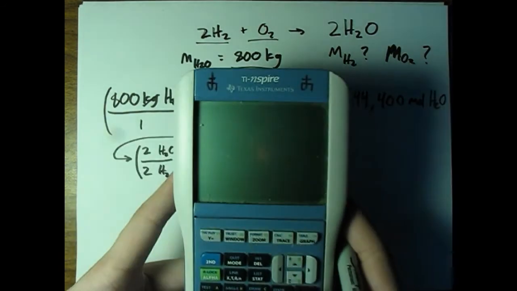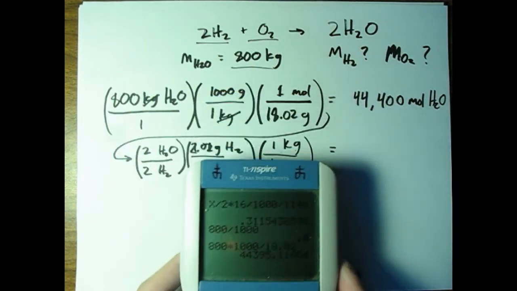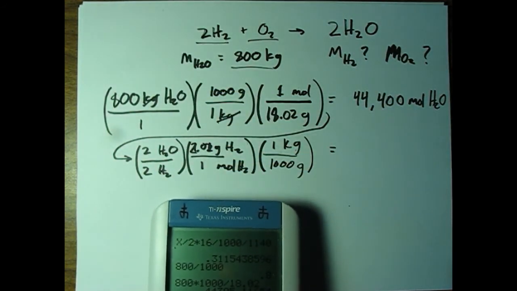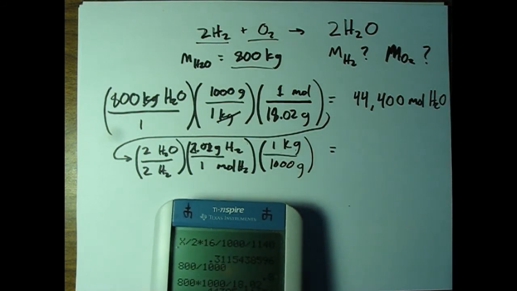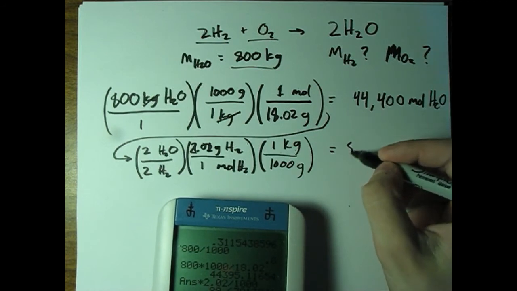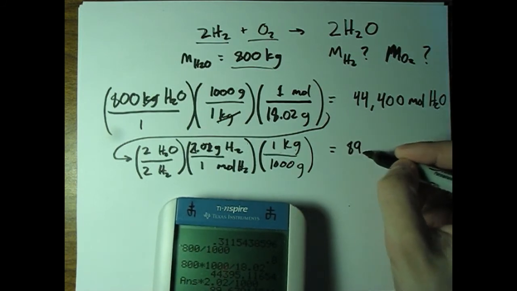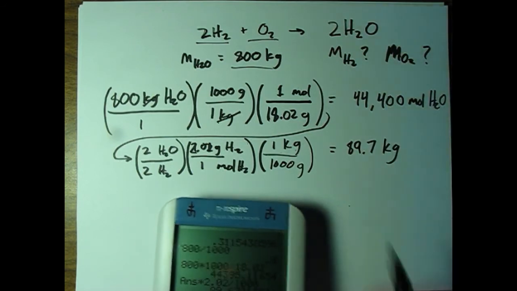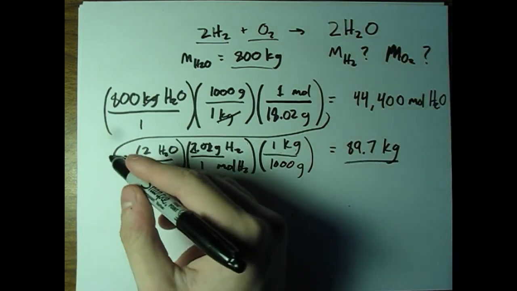So we take what we had before, we multiply it by 2 and divide by 2, so I won't do anything. But then we multiply by 2.02 and divide by 1,000, and we get 89.7 kilograms.